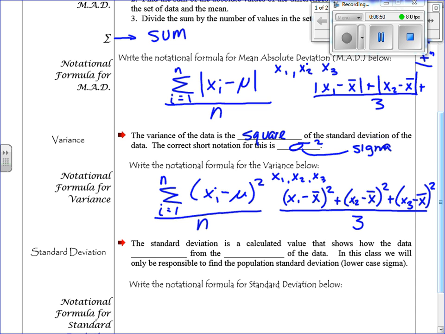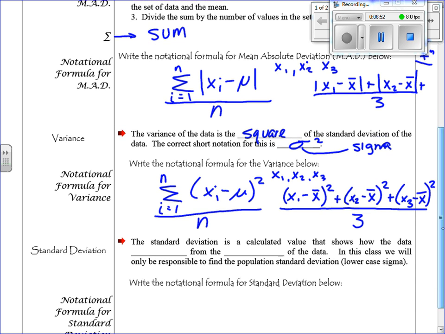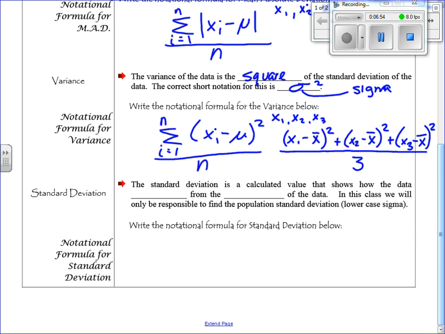Finally, standard deviation. Standard deviation is a calculated value that shows how the data deviates from the mean of the data. In this class, we'll only be responsible for the population standard deviation, so we'll notate that by just a sigma.